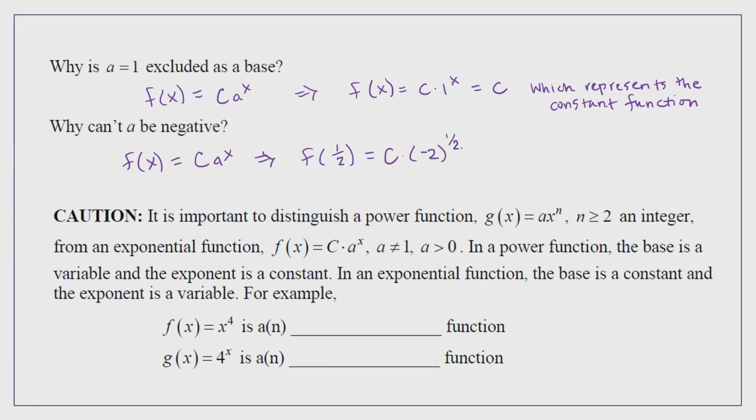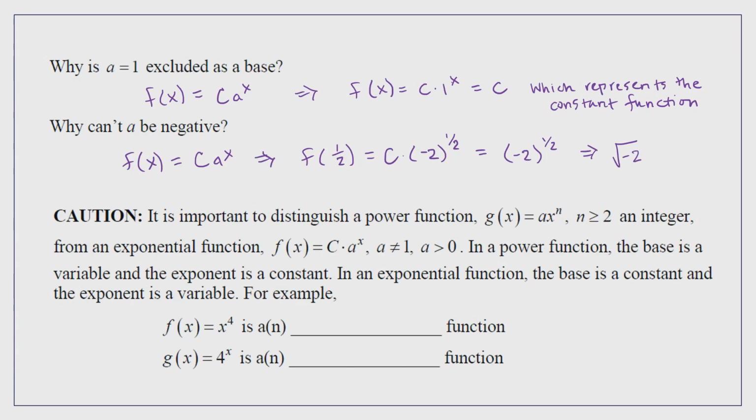And x can be any value, but I'm just choosing 1/2 to show you why a can't be negative. We're just going to let c equal 1 in this case. And so we would get -2 to the power 1/2. This is the same thing as the square root of -2, which is not a real number.